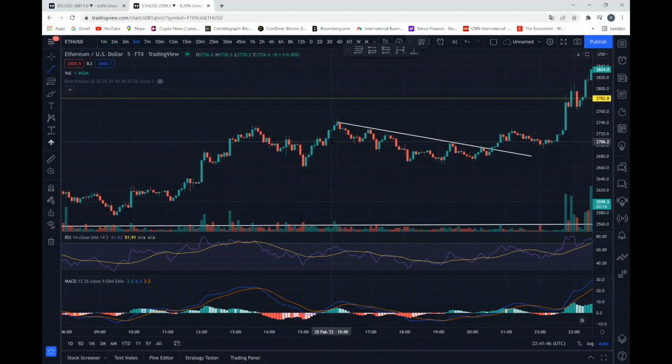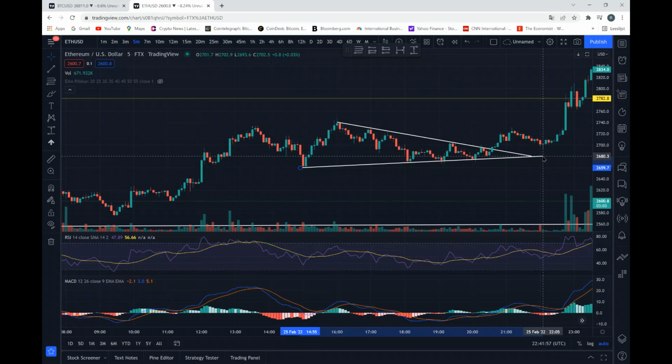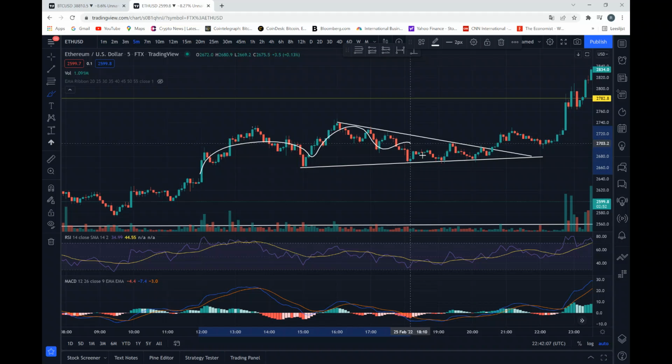Hey, seeing a bit of a wedge here, maybe, or what is it exactly? Maybe a falling wedge, or maybe a bit of a triangle. Let's take this. I think this looks good. We have a lot of touch points. You know, then you don't constantly have to guess the top and the bottom. You just wait until it plays out. Okay, how does it work? We're going bullish in, we're making the pattern.